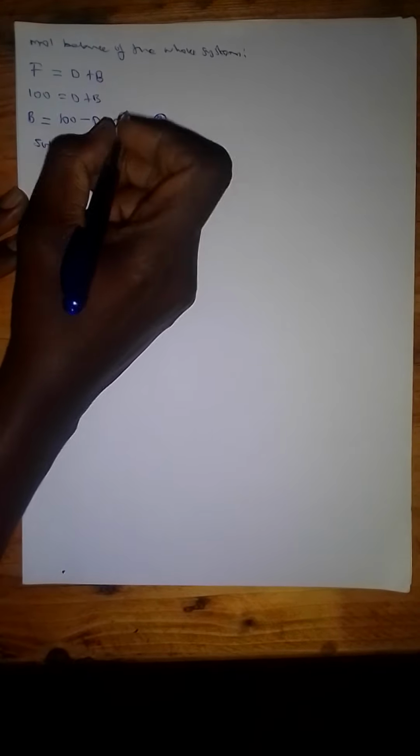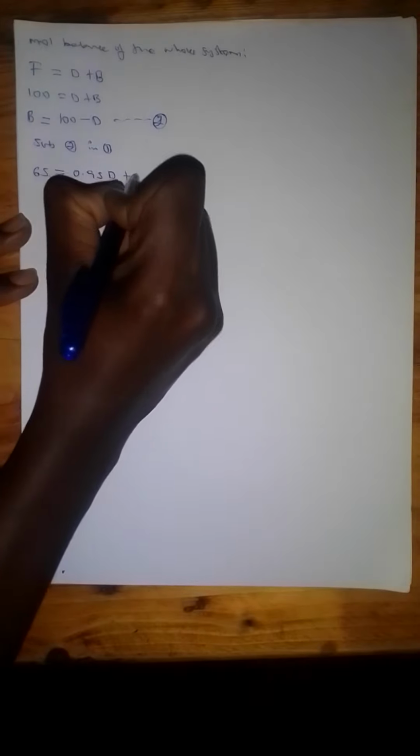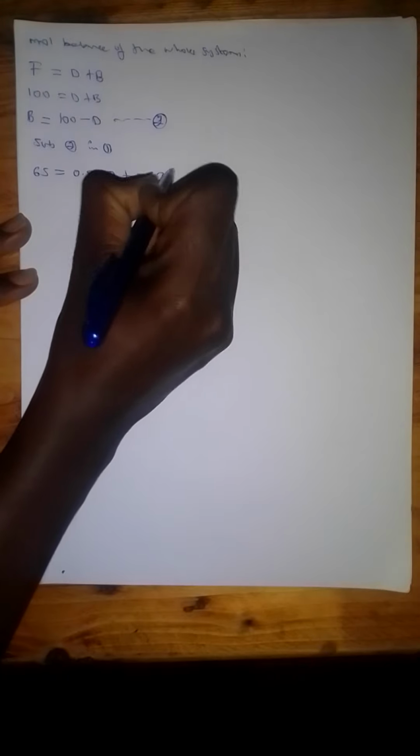And with that said, we can substitute 2 in 1, and we have 65 equals 0.95D plus 0.03.